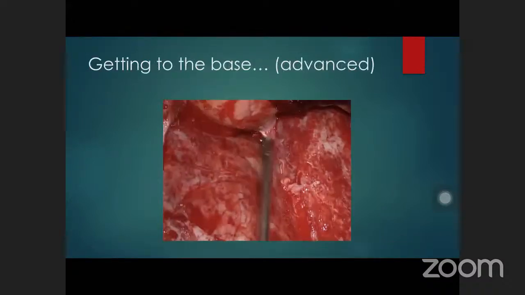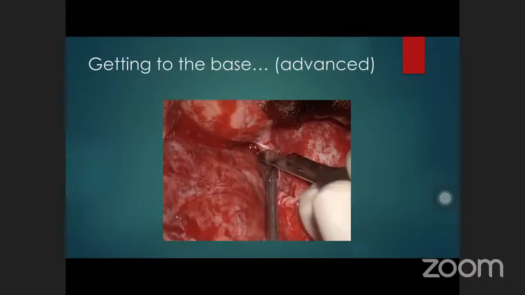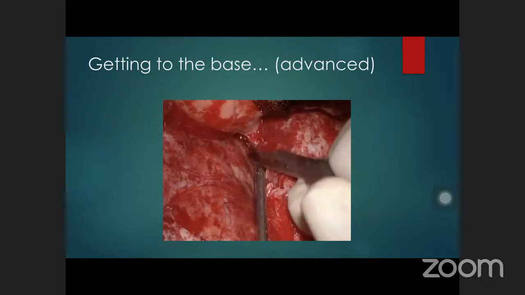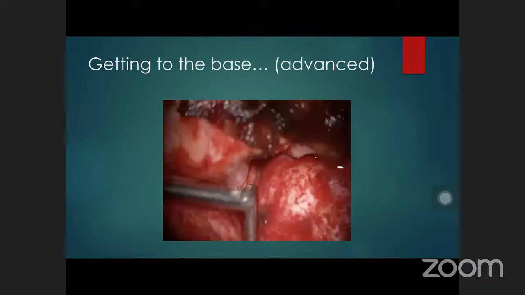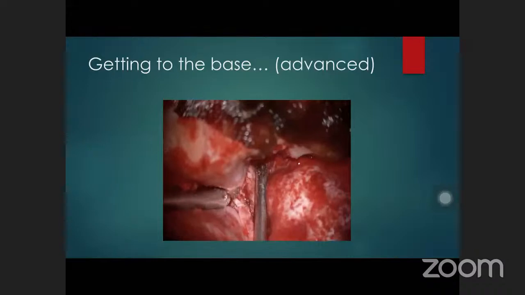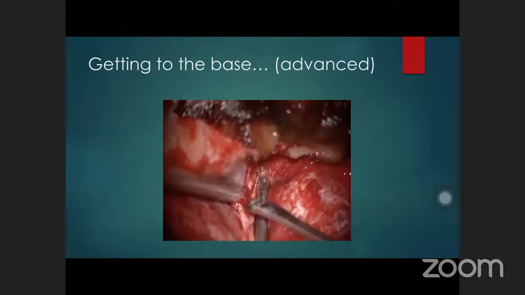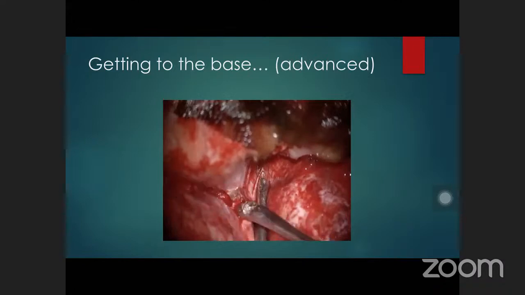Now, this is one video which will show you a transcavernous approach. This is a cutting of the orbitomeningeal band, and then a transcavernous approach. But believe me, this is all relatively new. In my last 13 years, this is probably about 6 or 7 years old. So this is not how we used to get into the base of the brain.